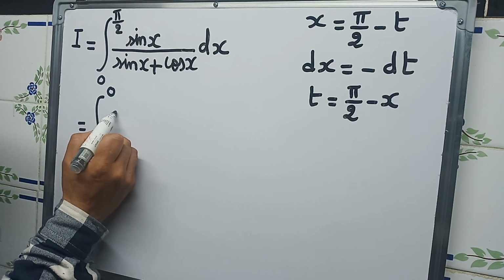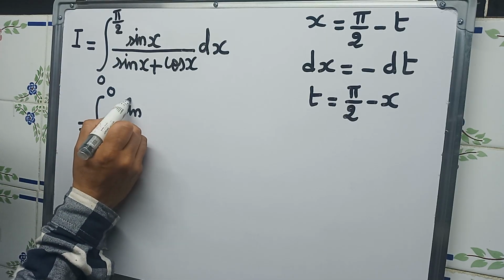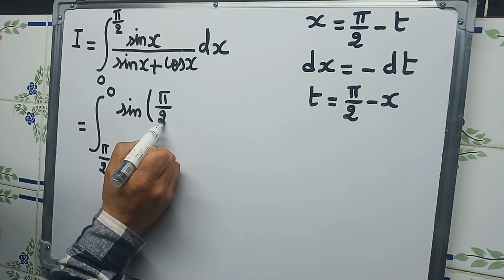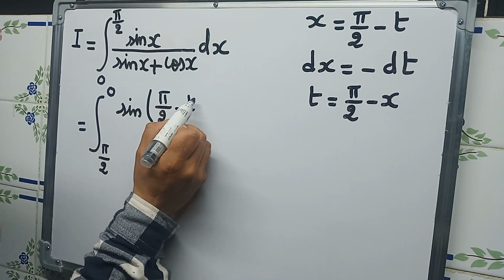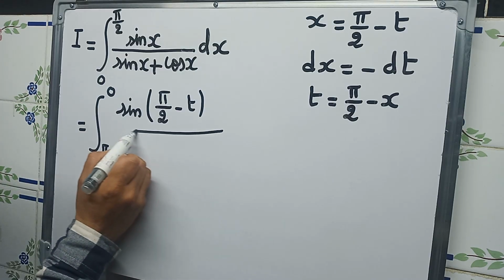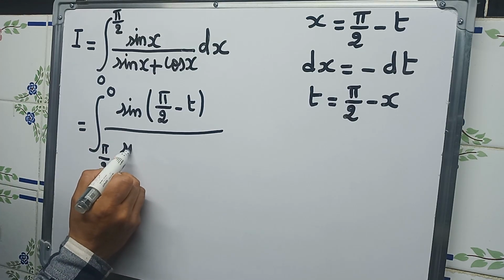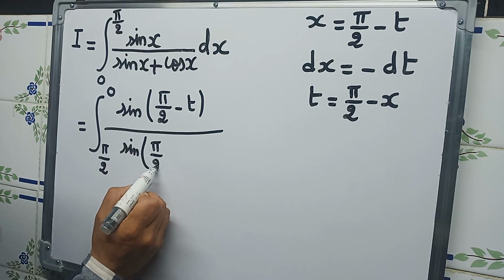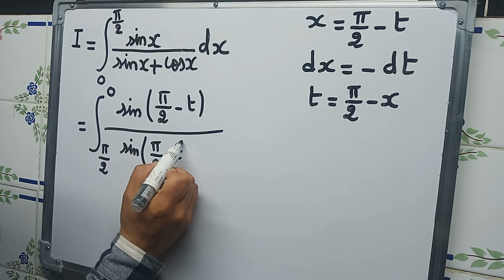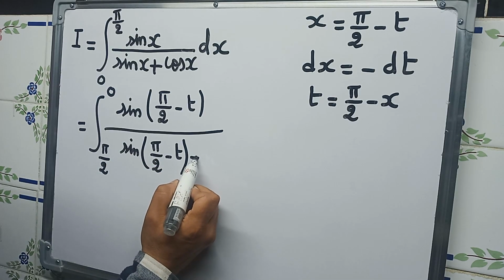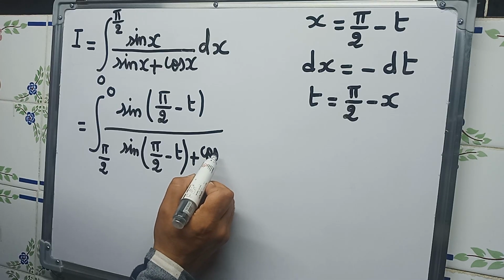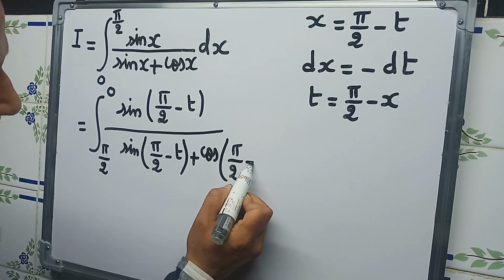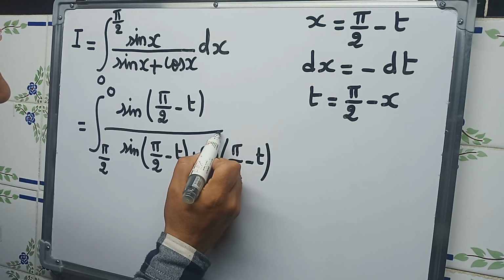And here, of course, we will have sine of pi over 2 minus t over sine of pi over 2 minus t plus cosine of pi over 2 minus t.